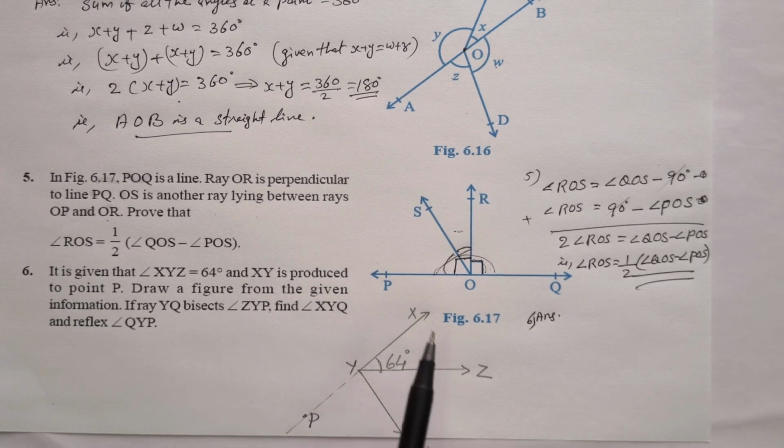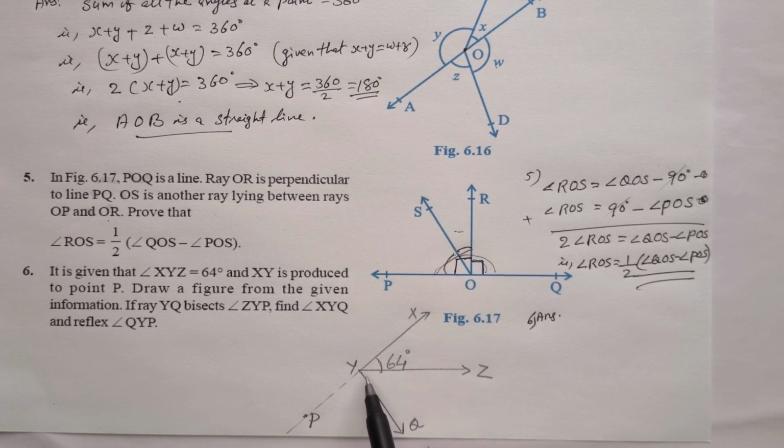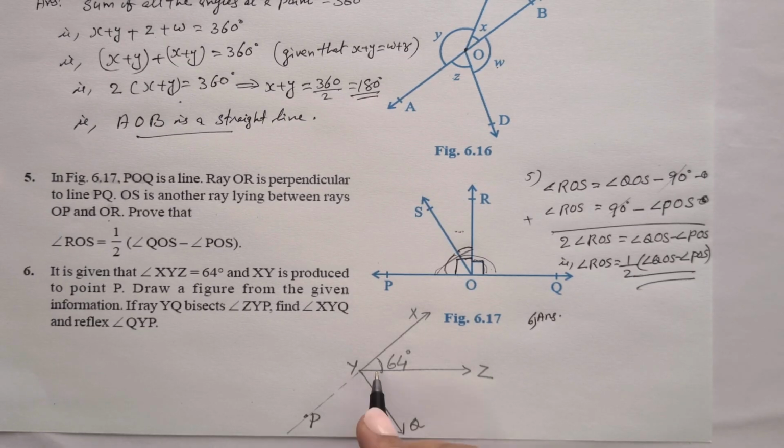Then if ray YQ bisects angle ZYP, so this ray bisects angle ZYP. So we can take this together as 2x. We know that if we are taking this together as 2x, this is a linear pair.